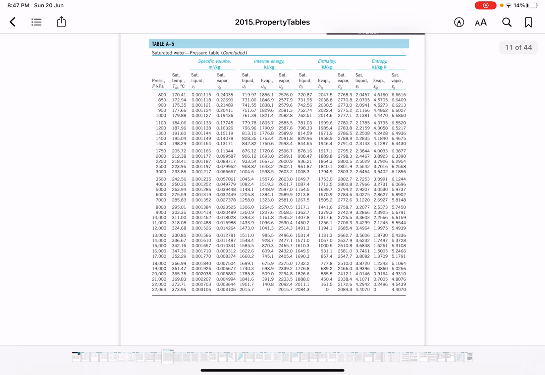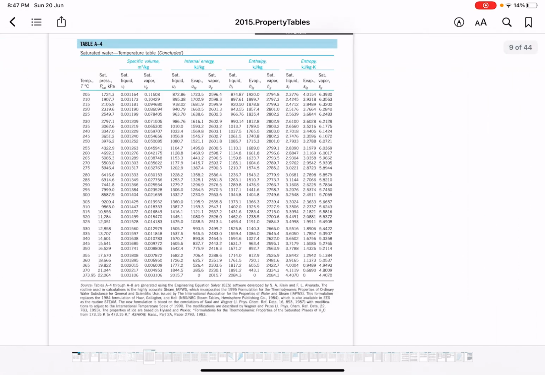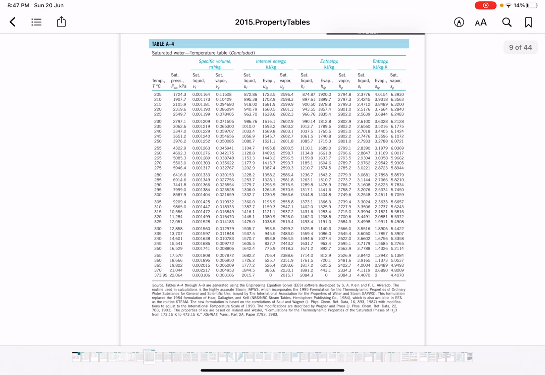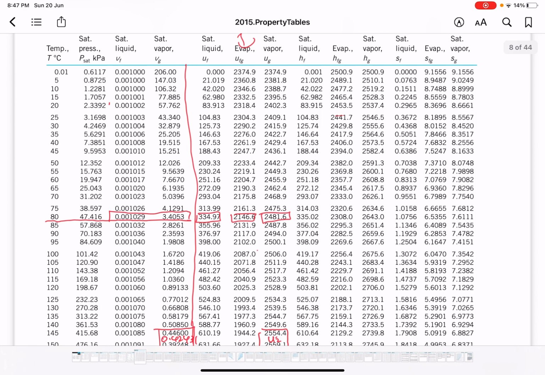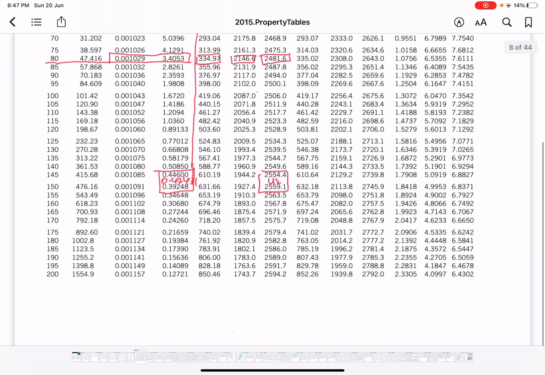Sorry, it should be vg, not Sg. So you look at vg. See there, 0.42431. Alhamdulillah.